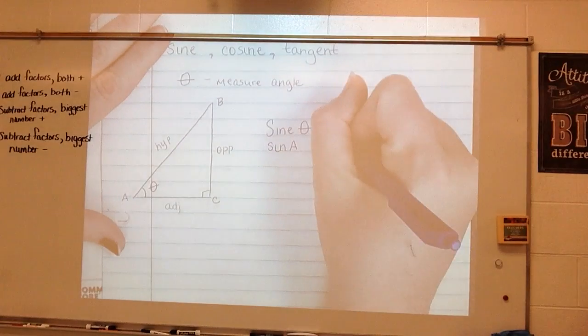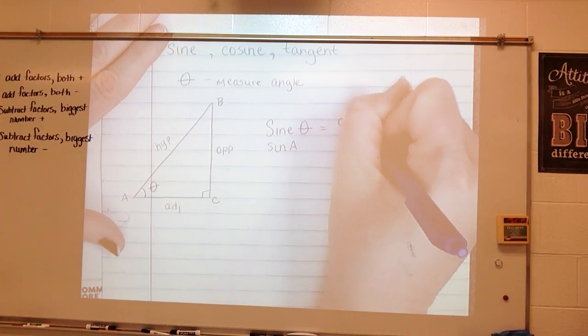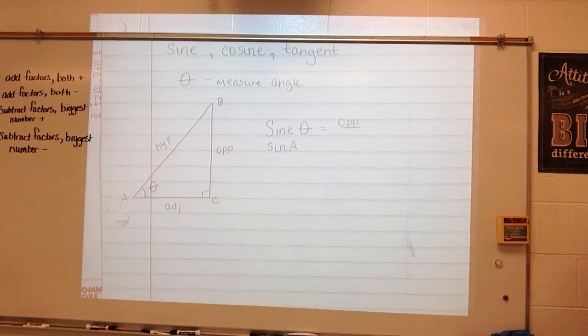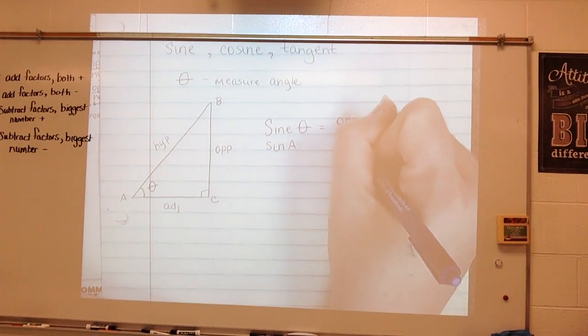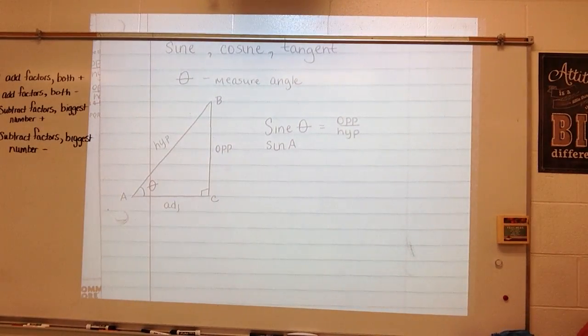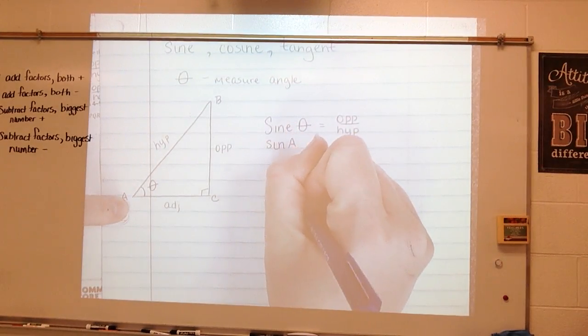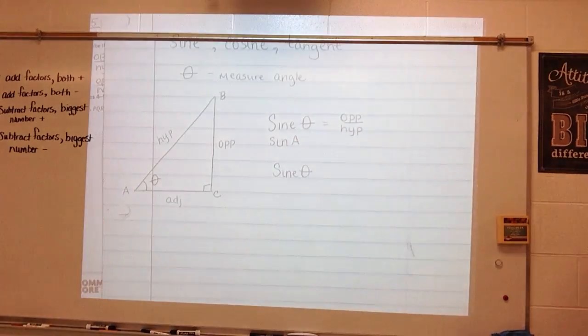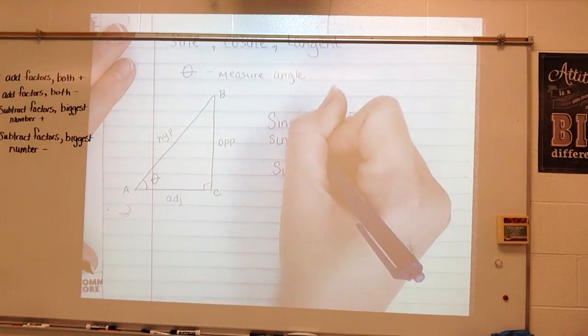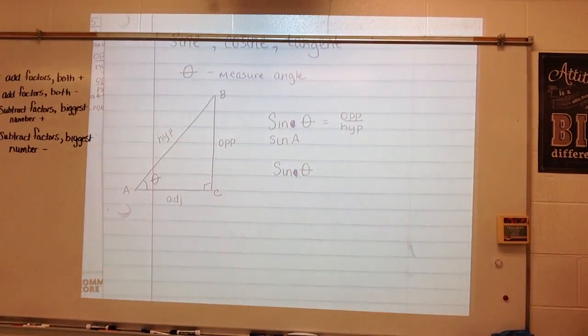Sine is the opposite over the hypotenuse. So in reference to angle A, I would say the sine of angle A. I'm sorry, I keep putting an E on there and I don't mean to, because when we write it, we just write the first three letters.